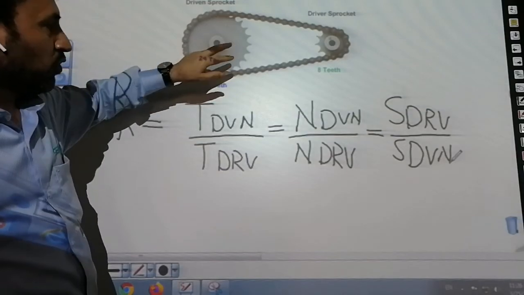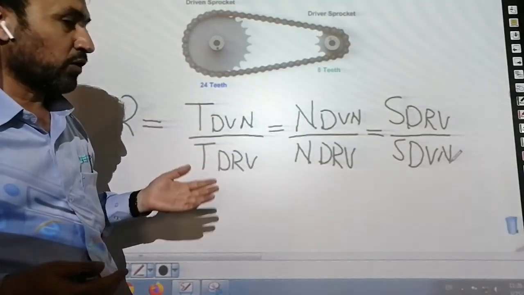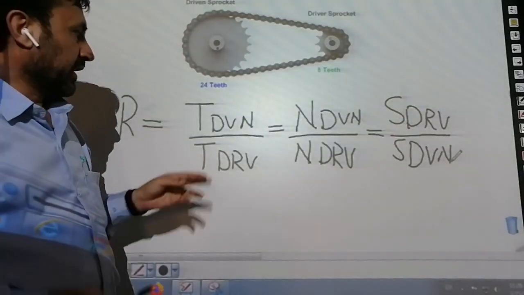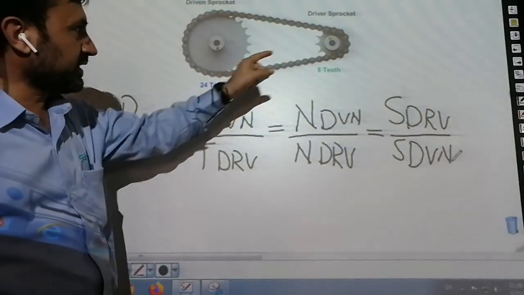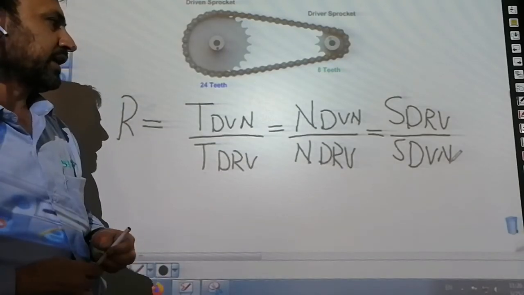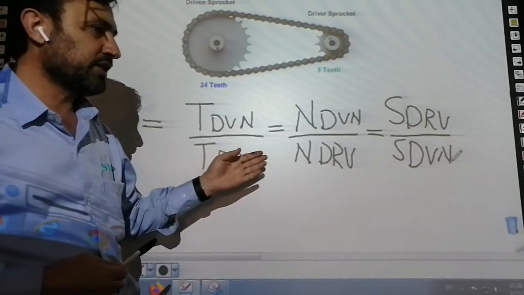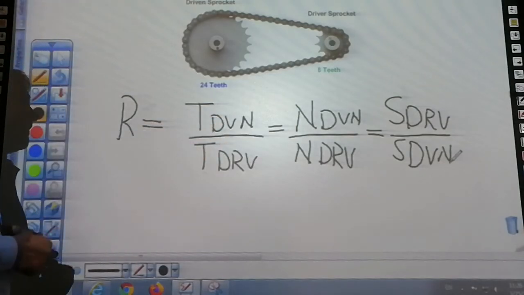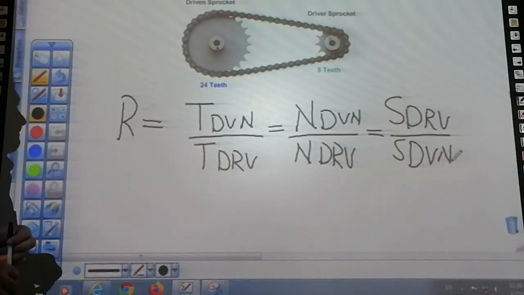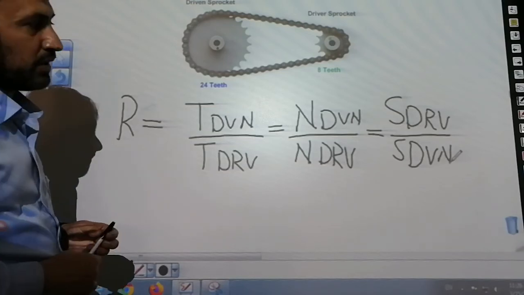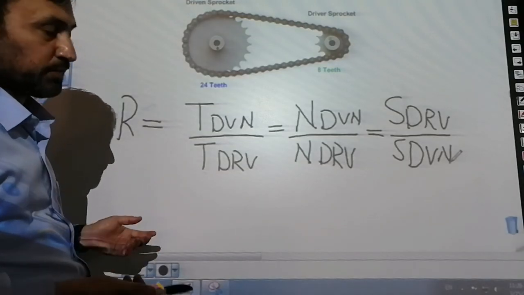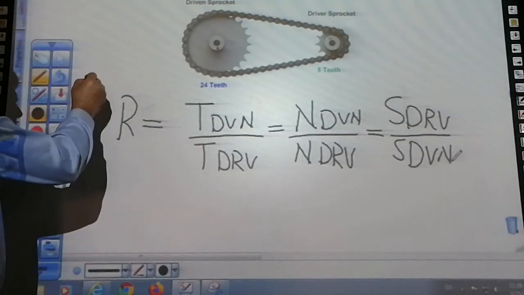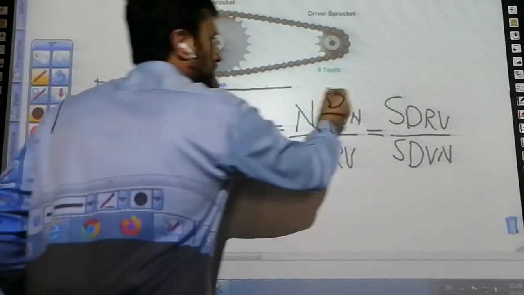If there are more teeth on a sprocket, it will have more torque but less speed. And if there are less teeth on a sprocket, it will have more speed, less torque. You can see from this formula this relationship in terms of torque, in terms of number of teeth, and in terms of speed. So all these three relations are combined together and we got this important relation.